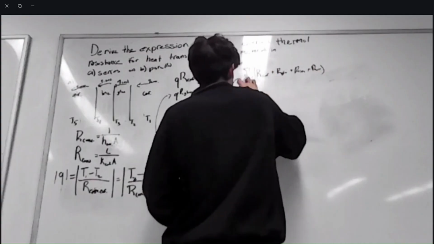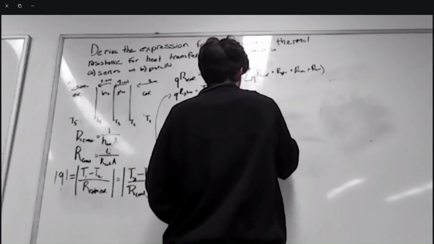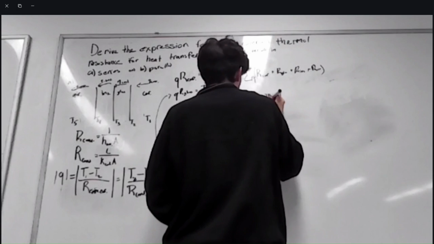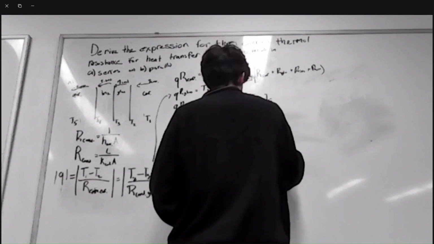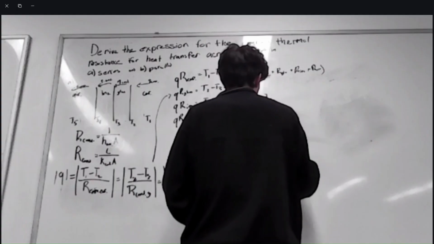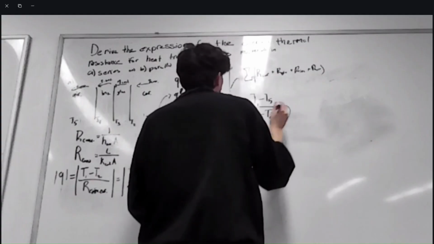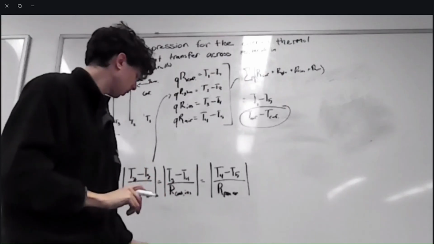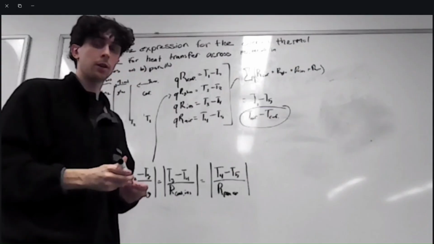Actually, I'm going to put that Q on the inside. This is actually just equal to T1 minus T5 over the sum of the resistances of air through coffee. So this is our expression for thermal resistance of materials in series.